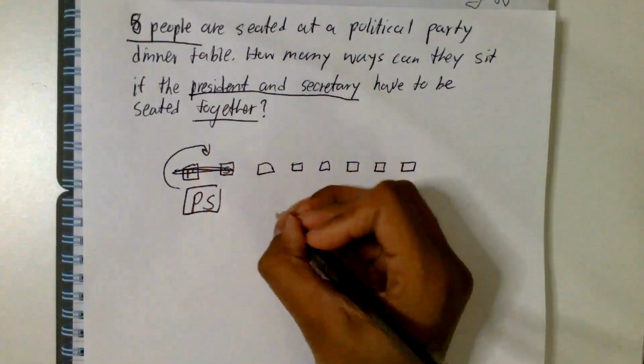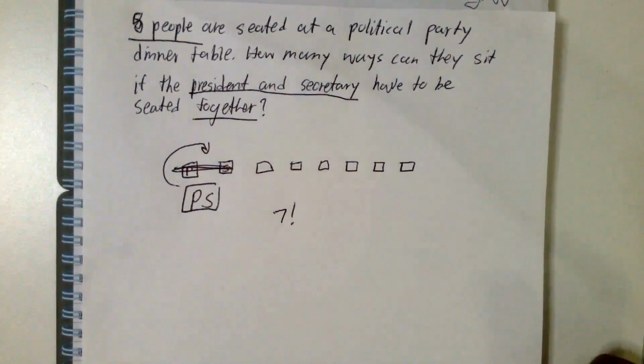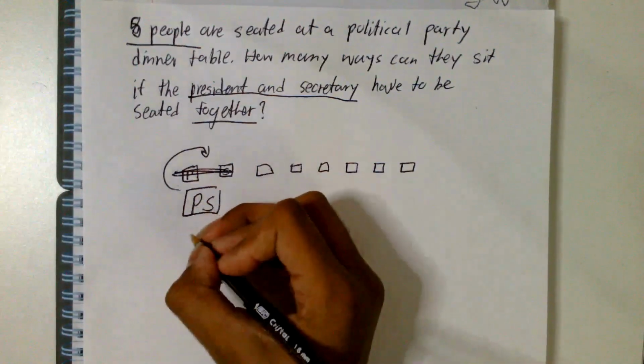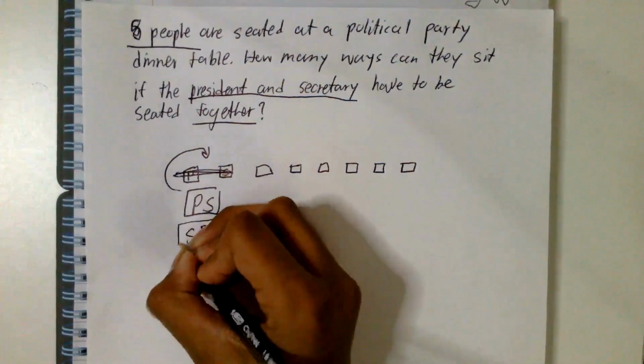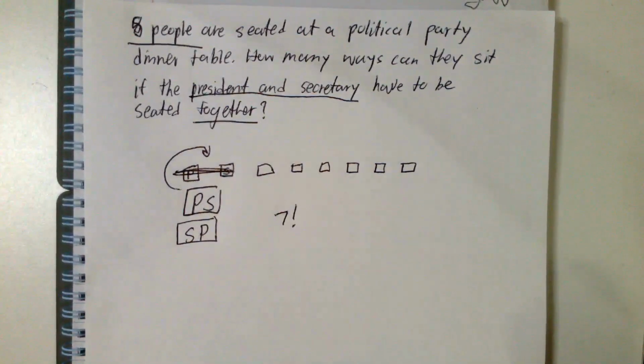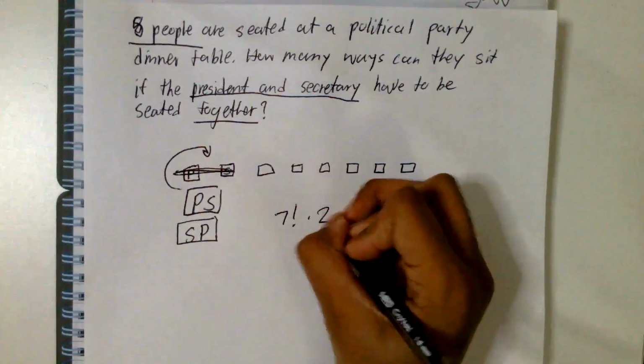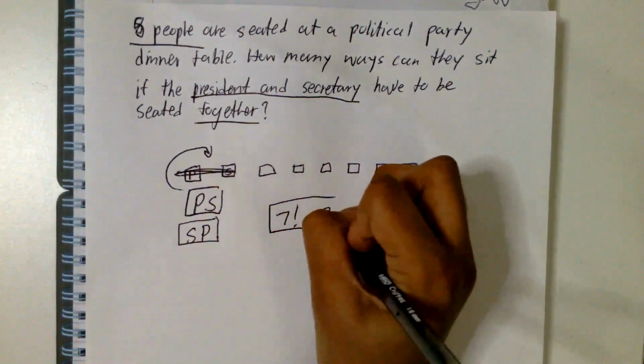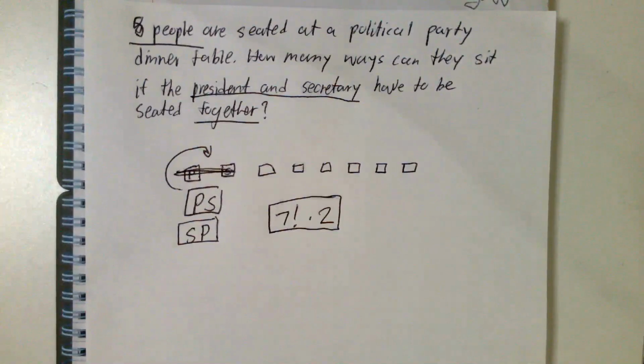So this just means 7 factorial ways to arrange this. But wait, we're not done. The president and the secretary can be swapped. So they can also be arranged like secretary and president. So this multiplies everything by 2. So our answer is just going to be 7 factorial times 2. And to get the real number, you can just plug it into the calculator.